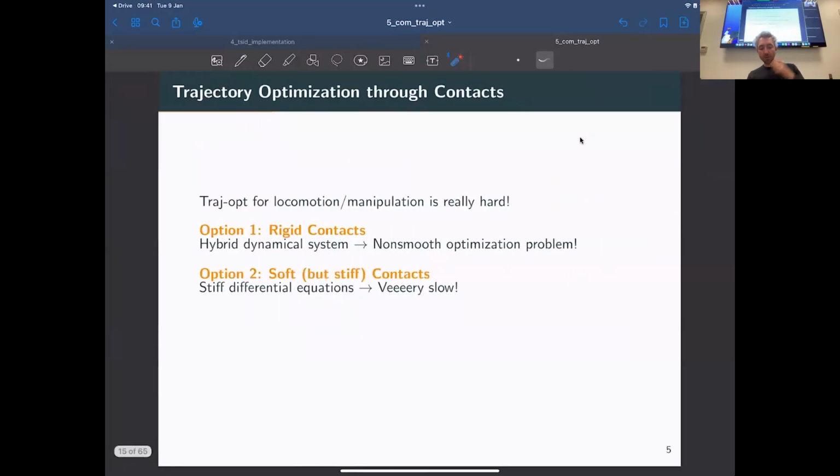Option number two would be to say, well, these contacts are hard, but we could approximate them using a soft contact model for which we tune the stiffness of the contact to be quite high. That is a very good approximation of a really rigid contact, and that would be true. You can approximate a rigid contact using maybe a spring-damper contact model, saying that the contact force you get is proportional to how much you're penetrating inside the object.